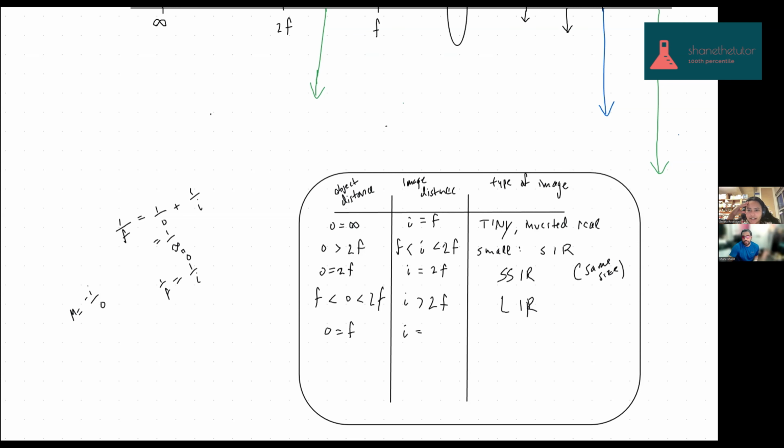At f, infinity. Infinity, right? Now we have the object at f. What do you think the image distance will be? It's infinity. Yep. And if it's at infinity, you can't see it, right? So we say no image.